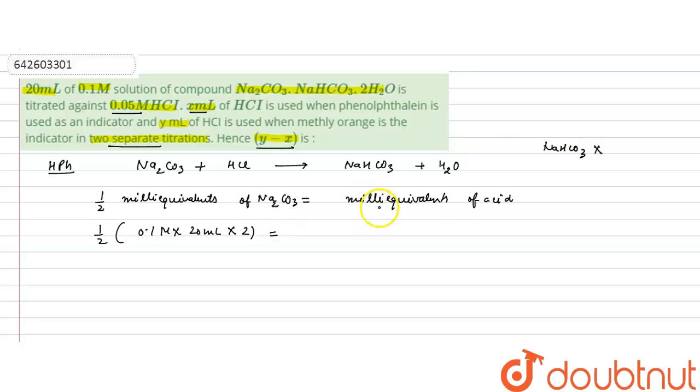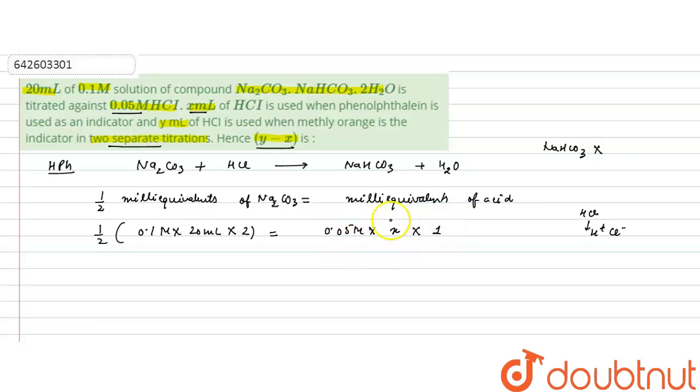And milli equivalents of acid will be equal to the molarity of acid used, that is 0.05 molar into its volume, that is X ml, into its N factor. For HCl it will be 1, as it will form H positive and Cl negative ions, so the charge on the anion or cation is 1.